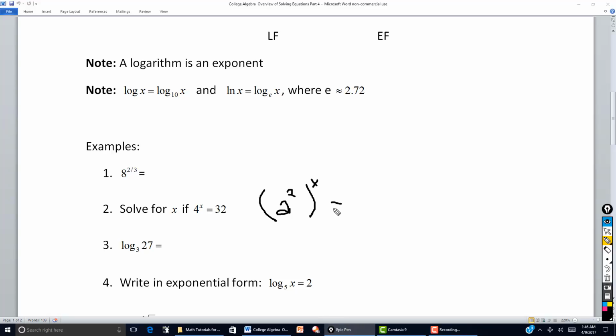And I'm going to say 32 is the same thing as 2 to the 5th. Okay, power to a power, multiply the exponents. So the left side can be written as 2 to the 2x power.